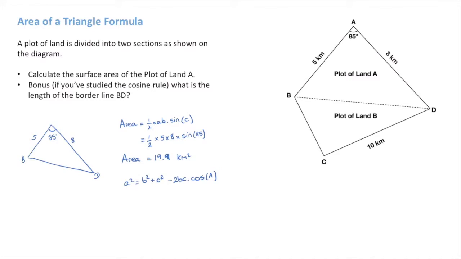So again, we can rewrite this, replacing a squared by BD squared, and say that BD squared equals 5 squared plus 8 squared minus 2 times 5 times 8 times cosine of 85.